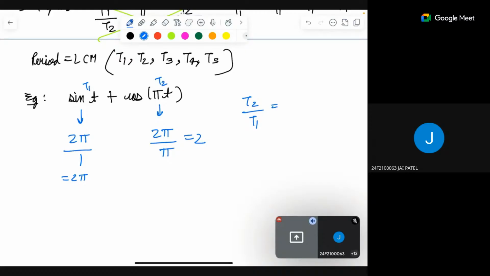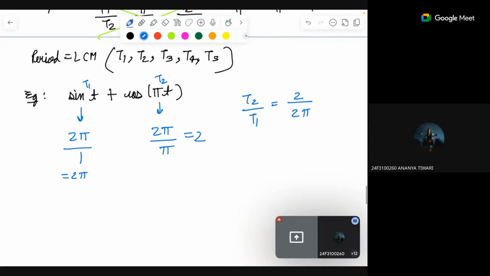Sine signal is T1, cos is T2. 2 divided by 2 pi, is it rational? Irrational. A number is rational if the ratio is an integer and the denominator is not equal to 0. So here pi is irrational, which means this signal is not periodic.